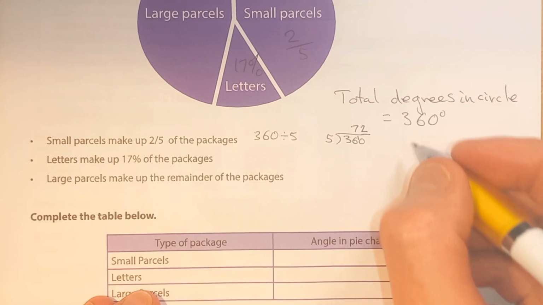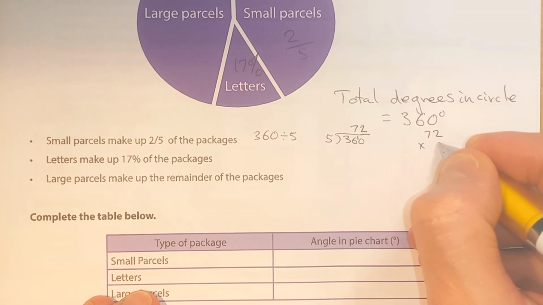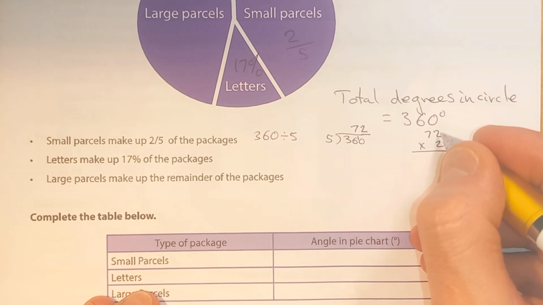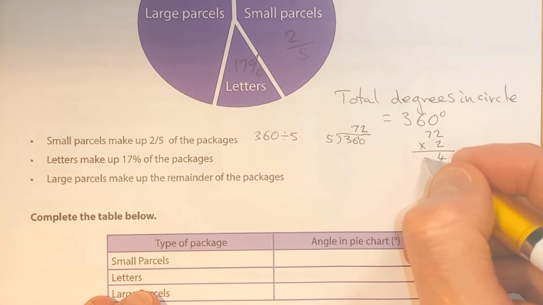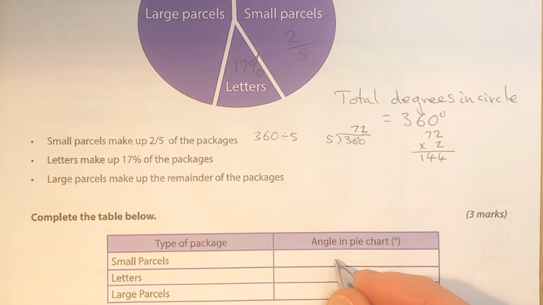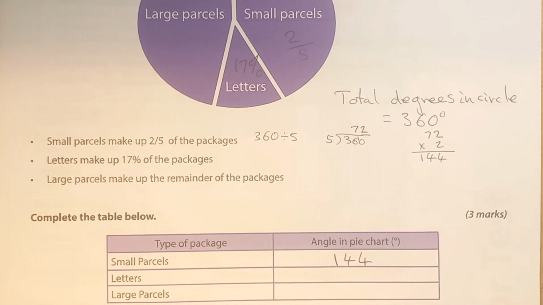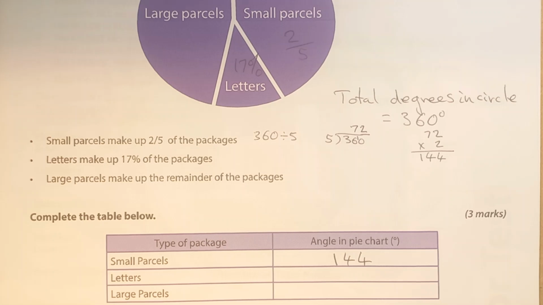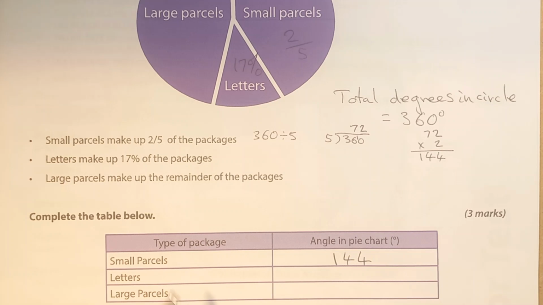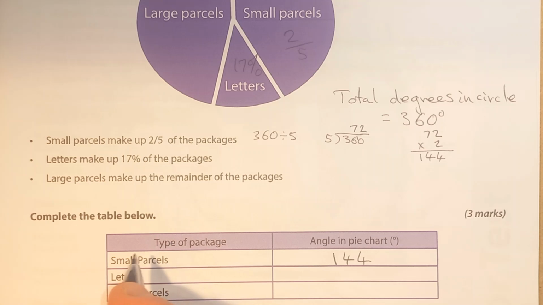We want 2/5, so we want 72 times 2. 2 times 2 is 4. 2 times 7 is 14. So for the small parcels, we've got 144 degrees.